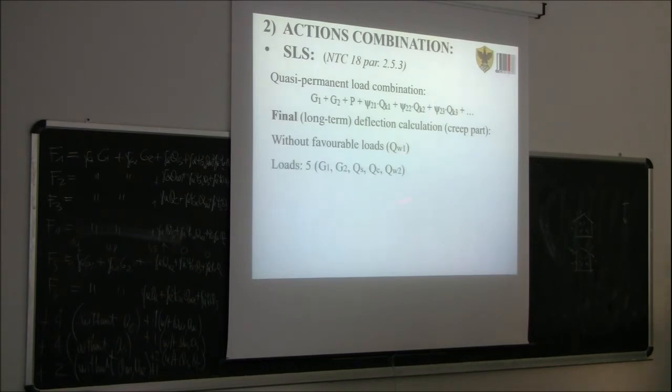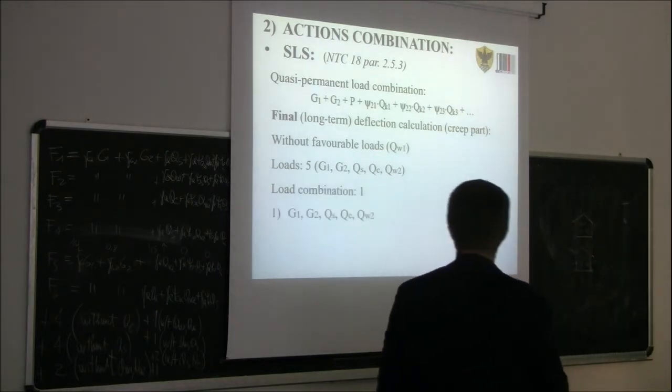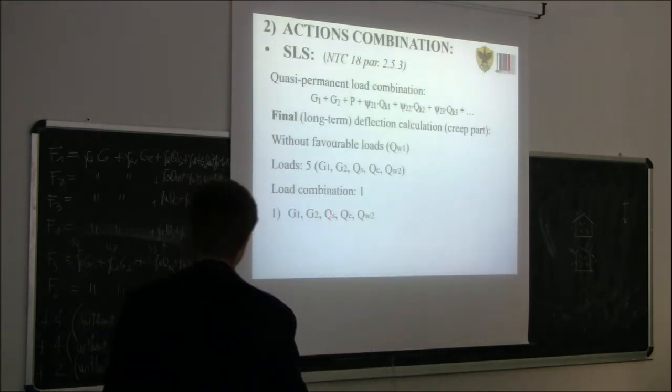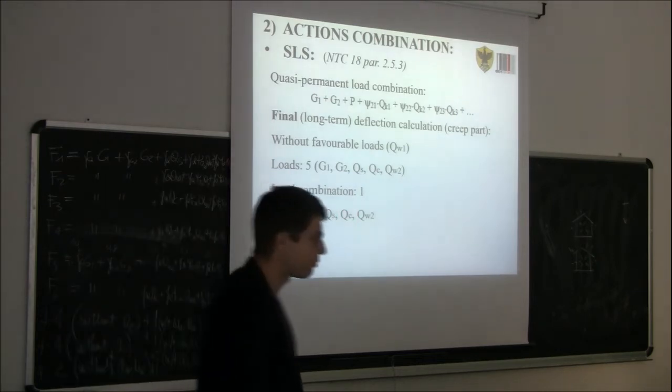We have to consider basically these 5 loads: G1, G2, QS, QC, QW2. We have only one load combination in this case. So we have G1 plus G2 plus psi coefficient times QS plus another psi coefficient times QC plus another psi coefficient times QW2. Okay?